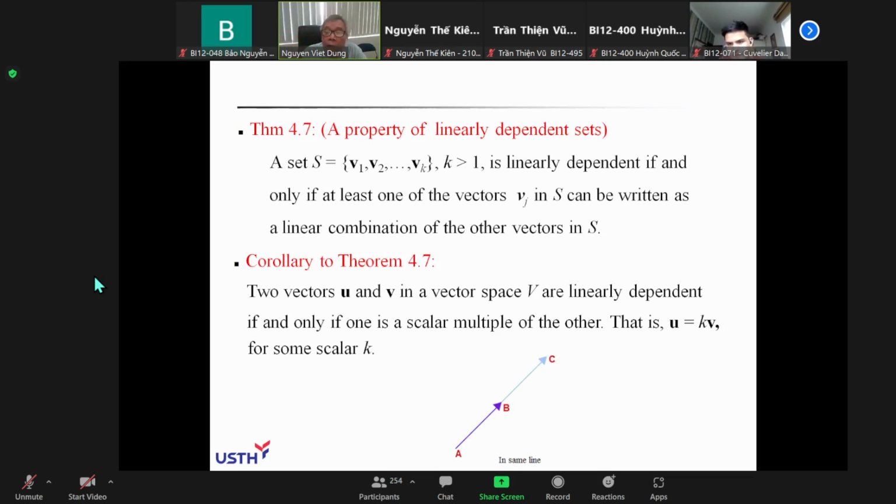U can be the blue arrow and V is the purple arrow. It means that two vectors are linearly dependent if and only if they lie on the same straight line. Hai vector trong hình học là phụ thuộc tuyến tính khi và chỉ khi chúng nằm trên cùng một đường thẳng.